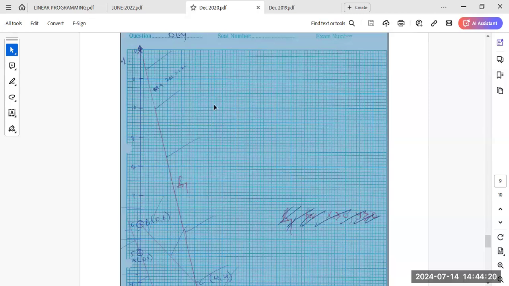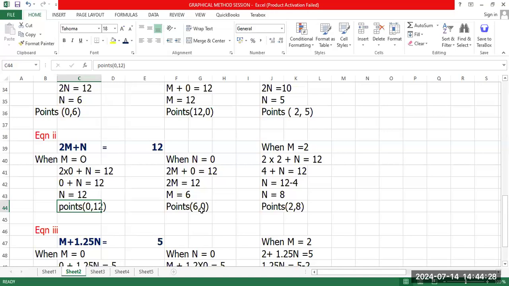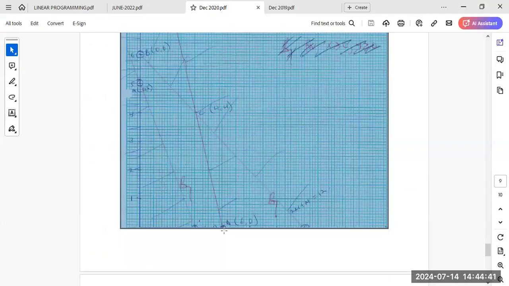Then the next point is 6 with 0 on the horizontal axis. You look for where 6 is. 6 is somewhere here. Then it is 6 with 0, and 0 is on this horizontal axis.